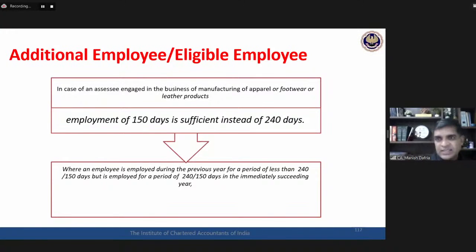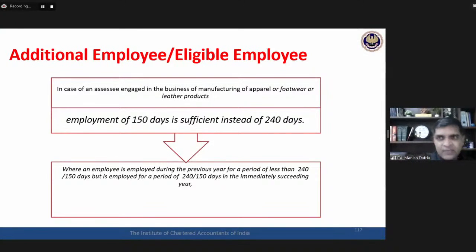Then the law says that if he has been appointed in the current year and could not complete those 240 or 150 days, but he is continuously in employment, and in the second year he has completed his 240 or 150 days of employment, then in the second year he will be treated as an eligible employee. The wages paid in that second year shall generate the 80JJAA deduction in the second, third, and fourth year.